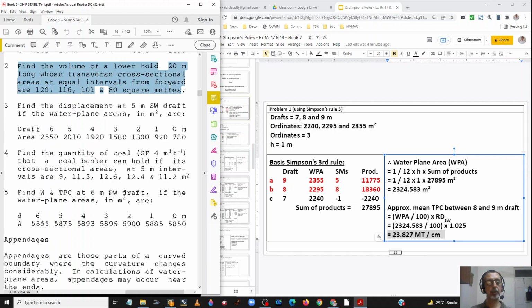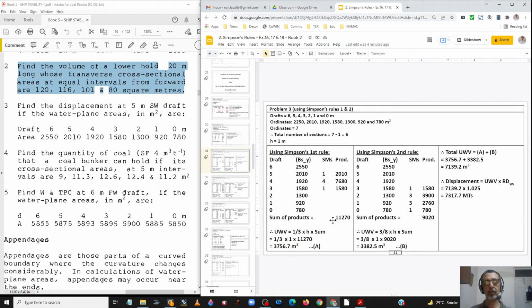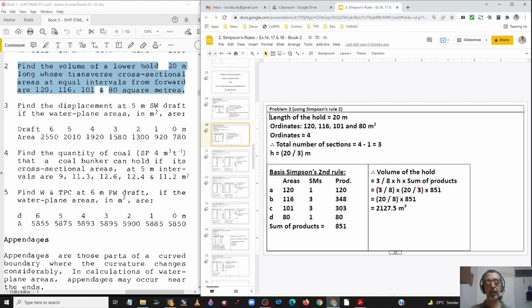Find the volume of the lower hold 20 meters long whose transverse cross-sectional areas at equal intervals from forward are 120, 116, 101 and 80 square meters. The information given to us in the problem is here.